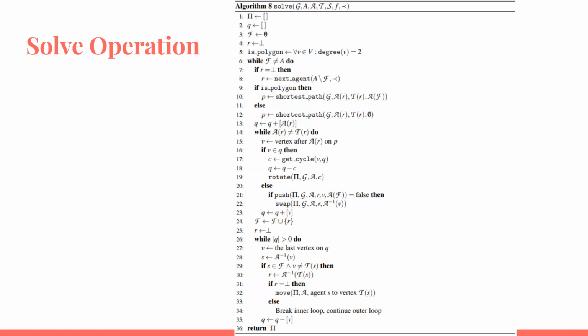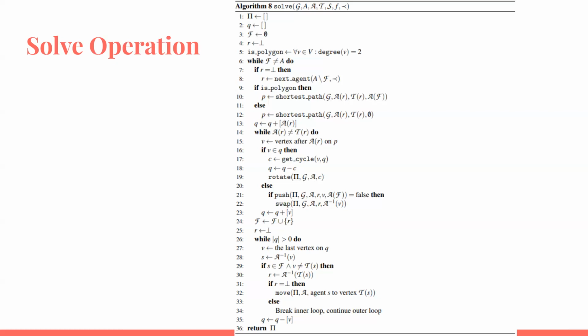That's shown on line 21. And if that fails, we call swap, line 22. When the while loop on line 14 has finished, agent R is added to the set F of finished agents. And when we pop back up to start a new iteration of the loop, R is reset to undefined.